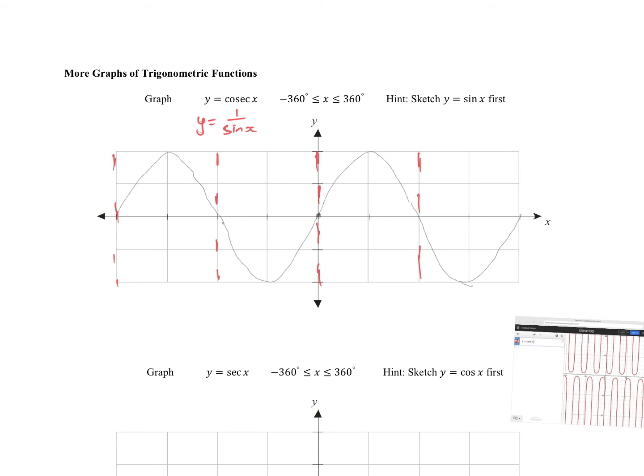You can put some values in and see what's happening. So let's put in 1 over sine negative 90.